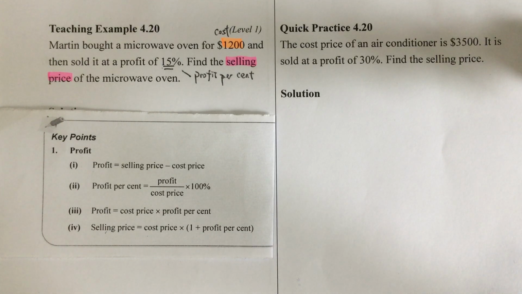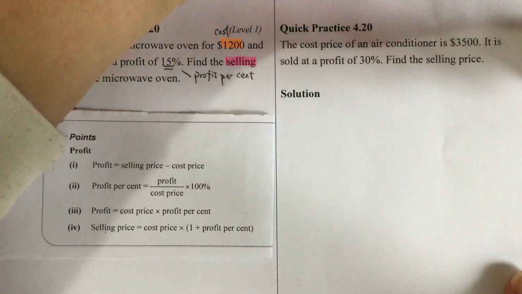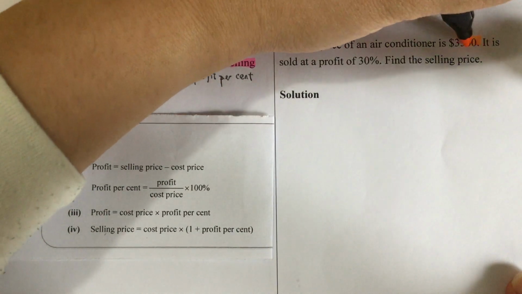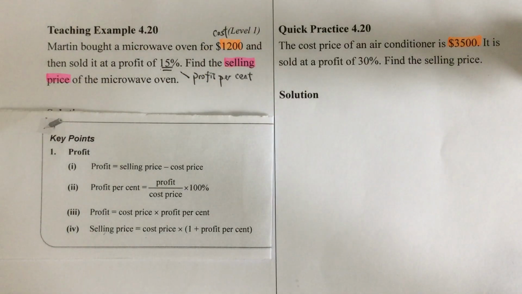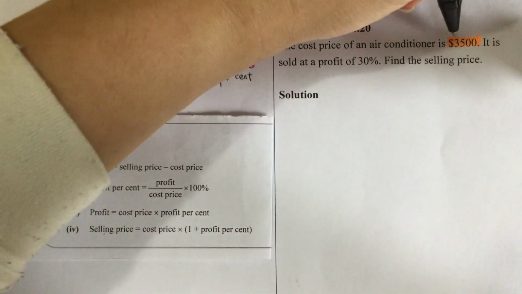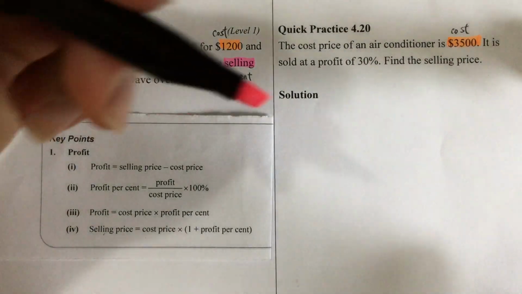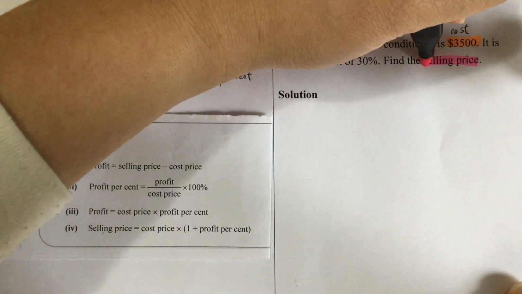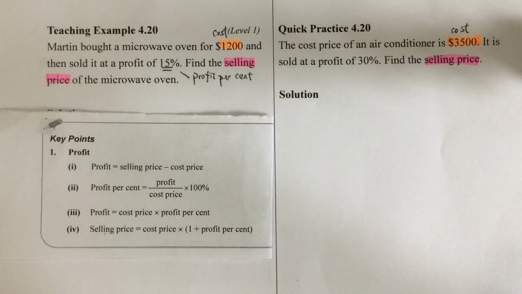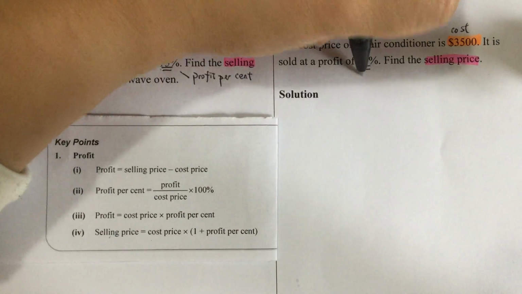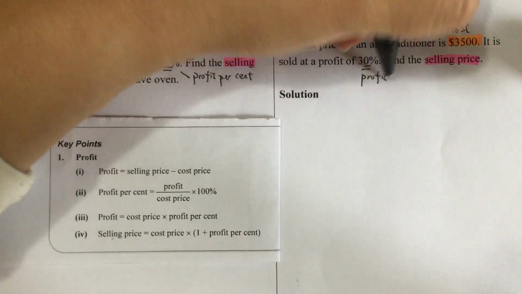If you can finish by yourself, please pause the video now. Okay, for 3,500 here, obviously this is the cost. And we are going to find out the selling price of it. And then the profit percent is 30%.